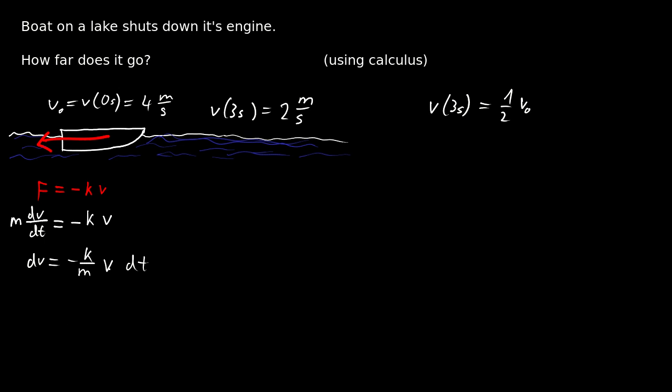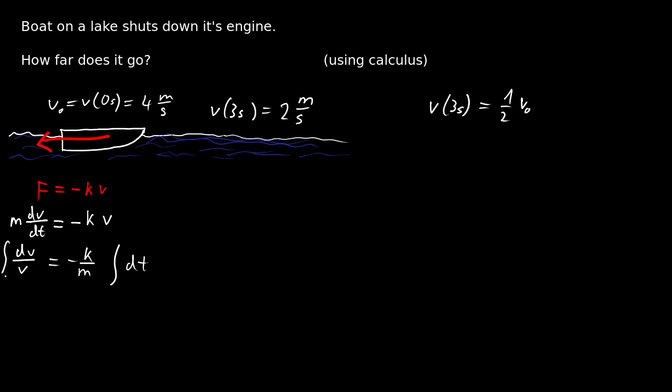It involves bringing the variables we want on one side and everything else on the other side. We want the velocity, so we have the differential dv, and we also want this v on the same side, so let's divide by that. So dv over v.